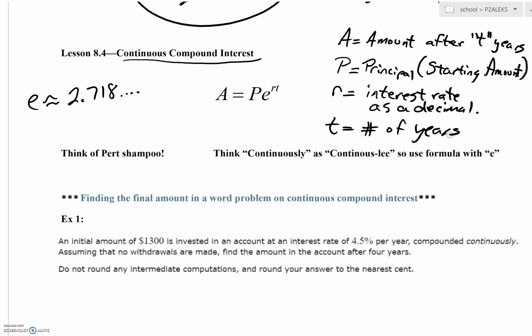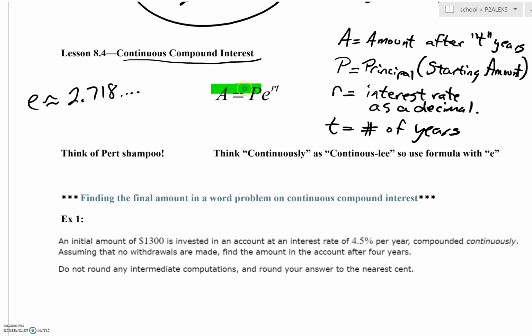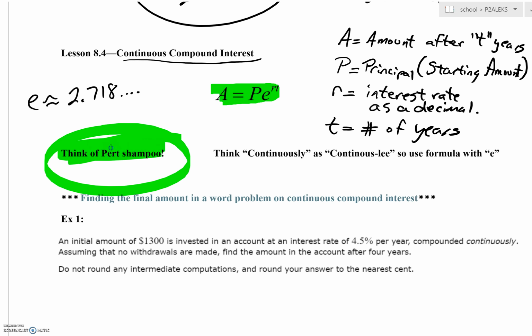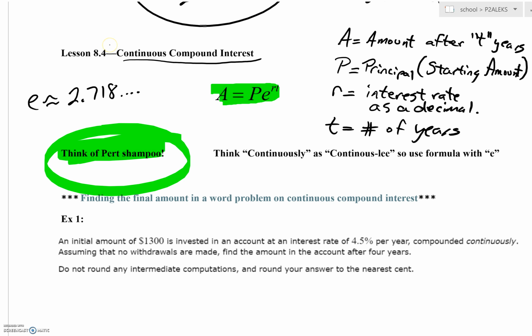As you're looking at this formula, I hope you're going to notice it spells out PERT. Now, there is a shampoo called PERT shampoo, so you can remember that. By the way, we will give you this formula. We're going to have it up on the board when you take your test.